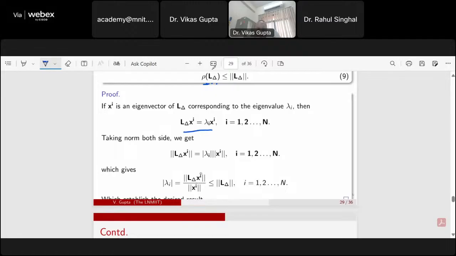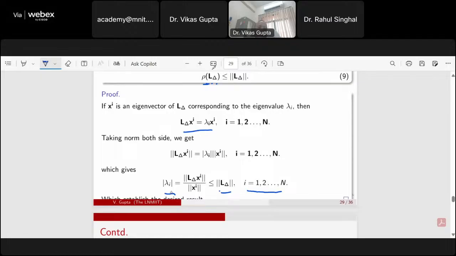Using that property of matrix norm again, the norm of L_delta x_i will be less than or equal to the norm of L_delta into the norm of x_i. The norm of x_i will cancel out. So ultimately you have mod of lambda_i less than or equal to the norm of L_delta, and this is true for all eigenvalues lambda_1, lambda_2, ..., lambda_n, i running from 1 to n.